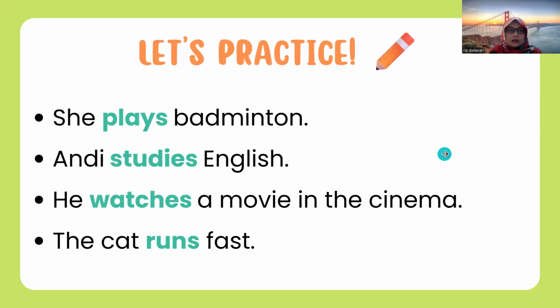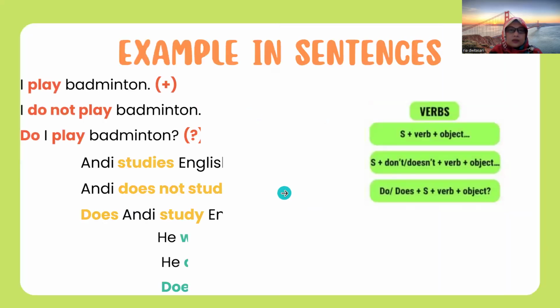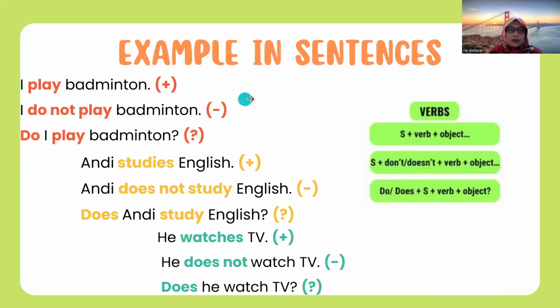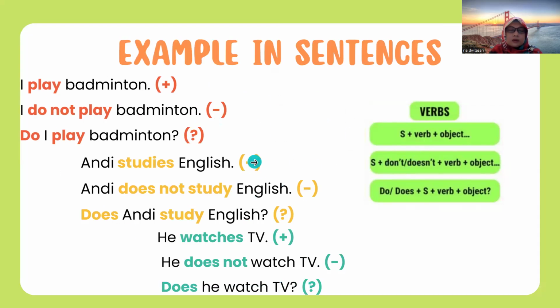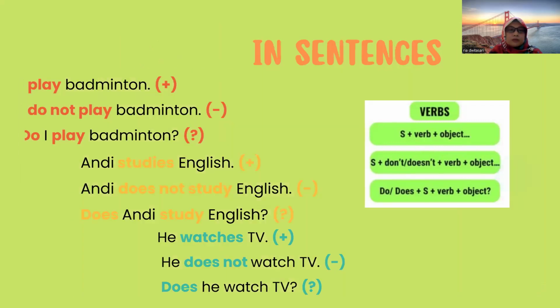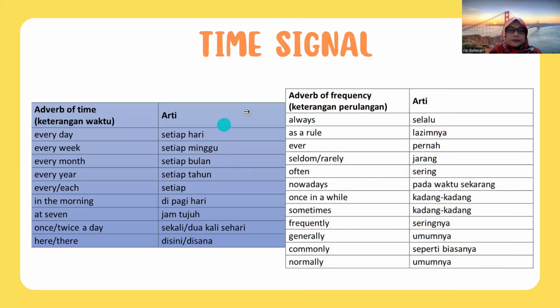Okay, don't forget to put the answer too. This is the example of sentences using verbs: positive, negative, and question. And then this is the time signal too.